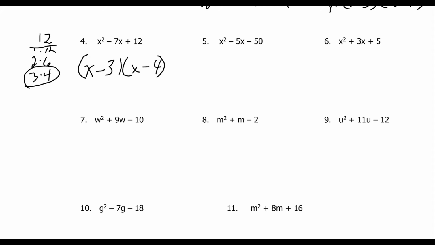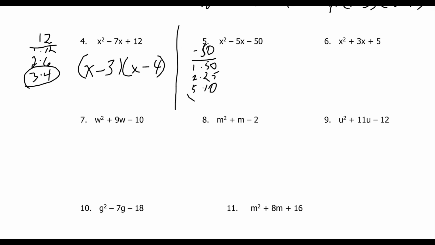Now, number 5. Let's see. If we do this one, negative 50, we need two things that are going to subtract to give me 5 in some way, shape, or form. So I need 1 and 50, 2 and 25. Let's see, there's nothing for 3, nothing for 4, 5 and 10.